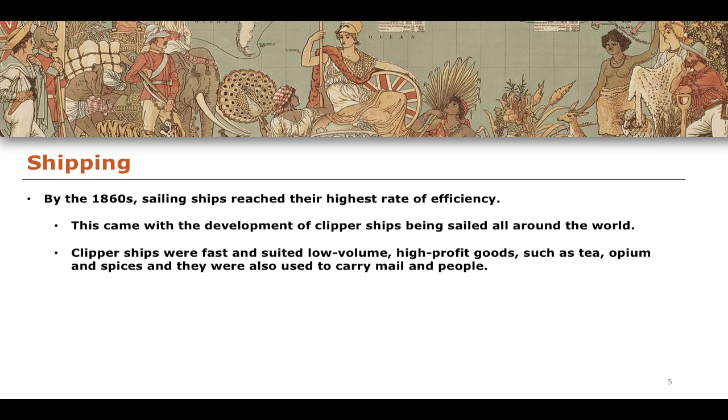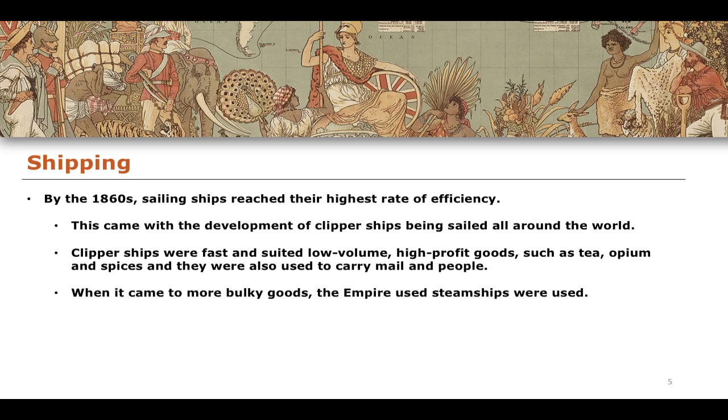Because the British Empire was increasingly relying on the economic profits from these low volume, high profit goods like tea, opium and spices, these very fast ships, very well suited for these kinds of goods, meant that efficiency for sailing and for trading goods of this nature was very important.